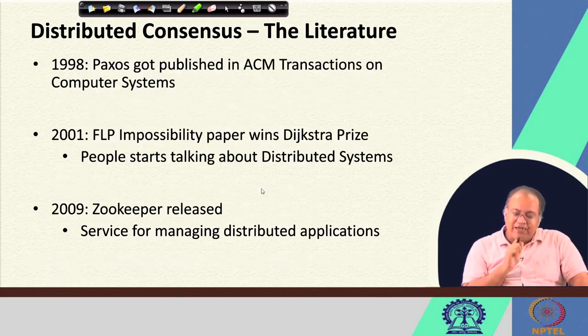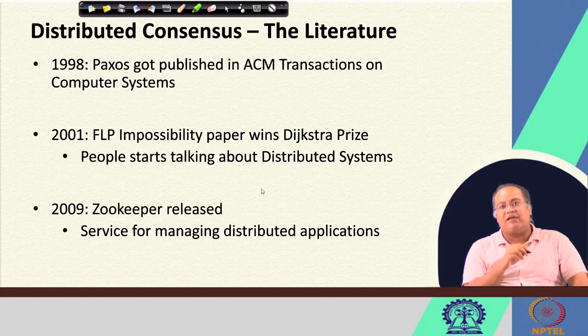Finally in 1998, almost after 10 years, people got convinced that this algorithm is going to work, and Paxos got published in ACM Transactions on Computer Systems. So this can be an example that something very fundamental behind the design of distributed systems was not accepted for around 10 years. Lamport had to fight for around 10 years to get that particular idea published.